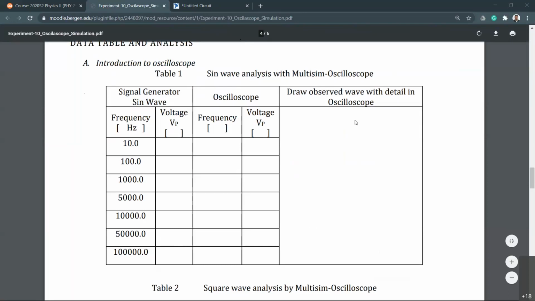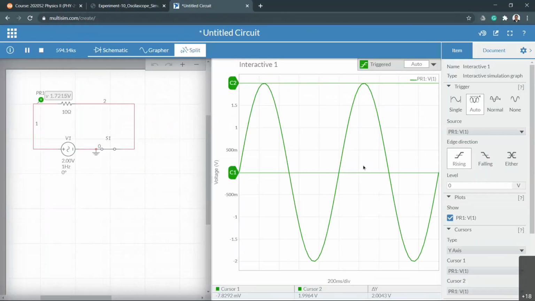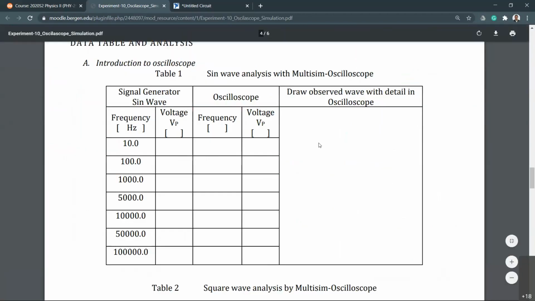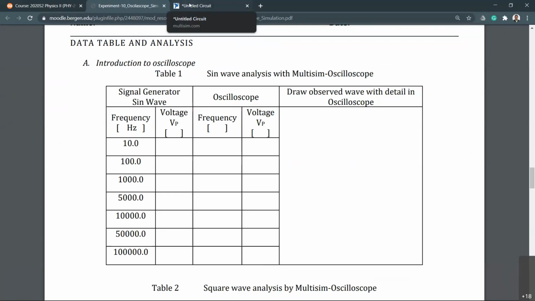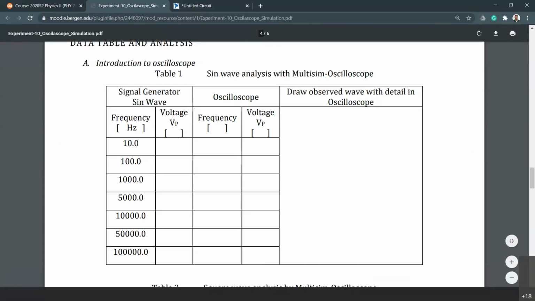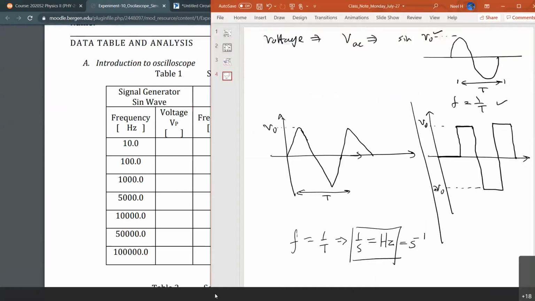Or instead of drawing, you can take a screenshot of the observation. This whole thing is one screenshot, and this wave itself is one screenshot. Okay, 2 screenshots, and the wave itself you can add into table number 1, column 3. So that's important because that tells you how you did the observation.